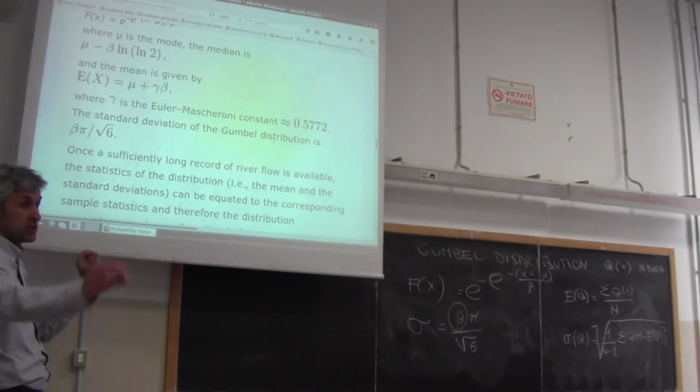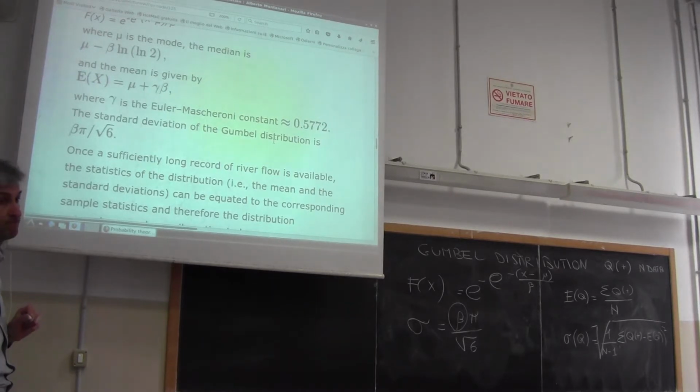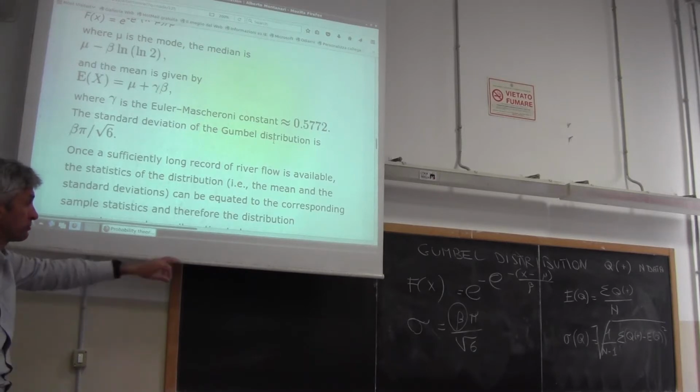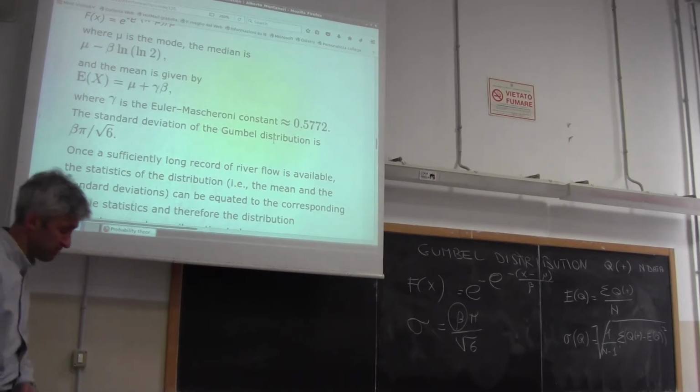So with a very simple couple of relationships, you can compute mu and beta. You only need to extract the annual maxima, compute their mean, their standard deviation, and then you compute beta from there and mu from here. Very simple.